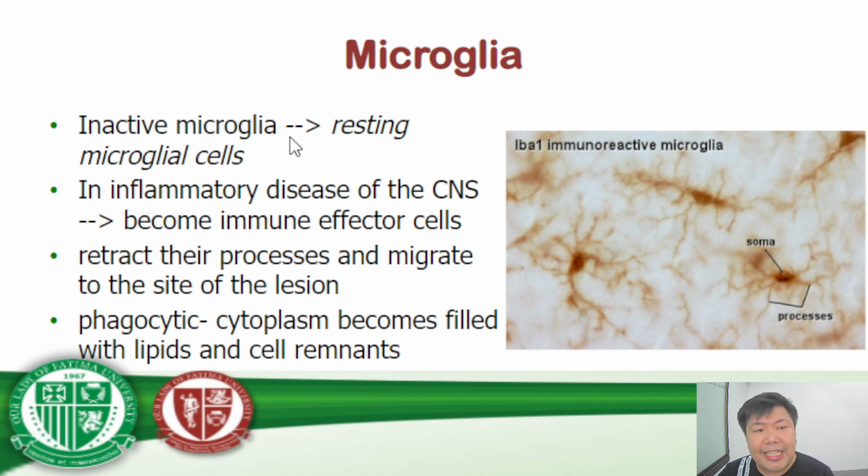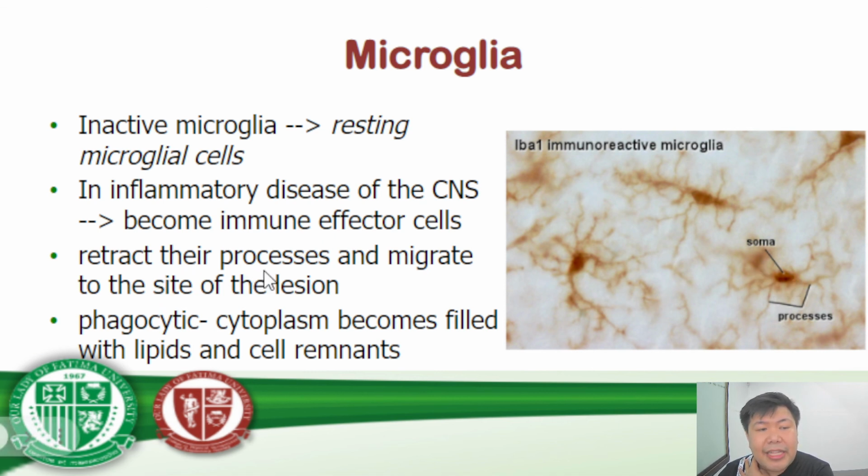Anong itsura ng resting microglial cells? Ganito po. Kita yung mga galamay nila. And very small lang yung cell body. But in inflammation or during an infection, they become activated and are called immune effector cells. So kapag active na sila, nawawala yung mga galamay nila.